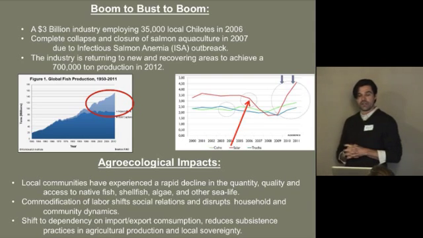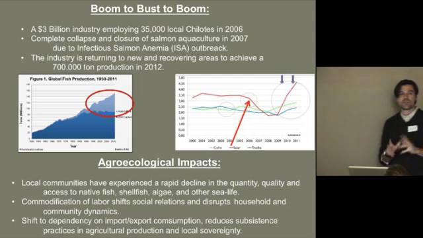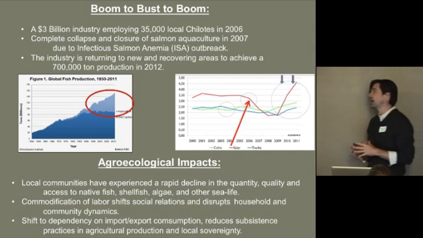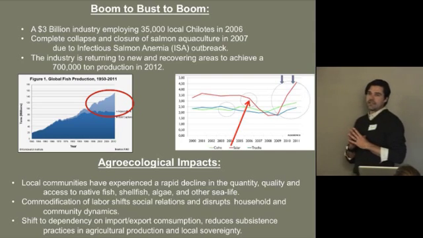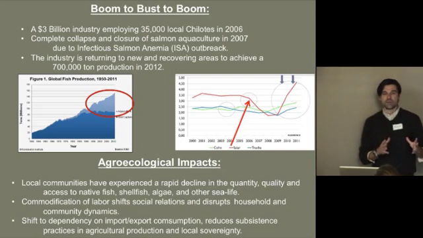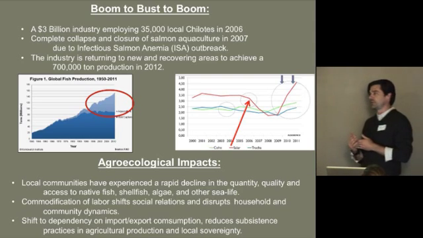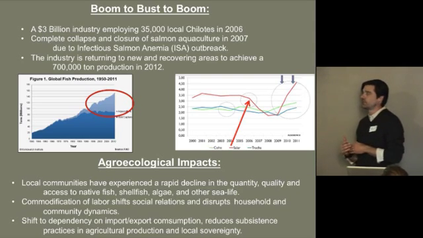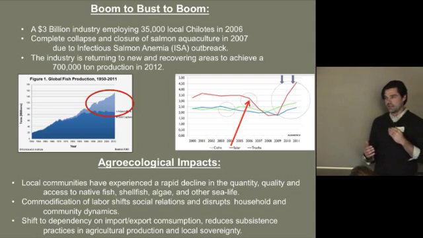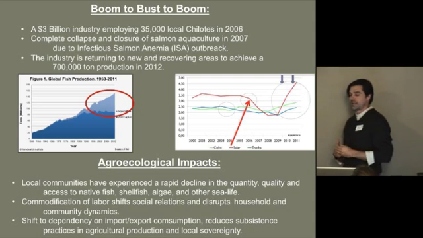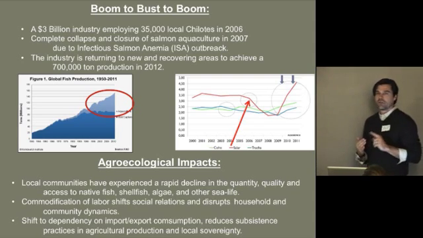This $3 billion industry in 2006 employed 35,000 of the local Chilote islanders, almost exclusively all of the male inhabitants. There were really no job offers or positions for females, and so that initiated some very distinct gender dynamics, as well as the work time.